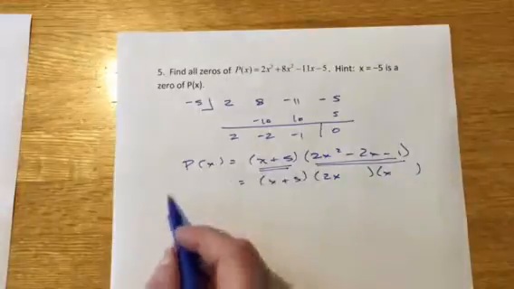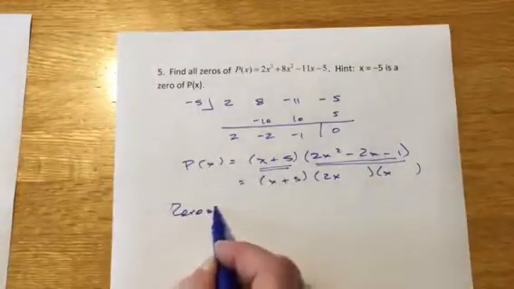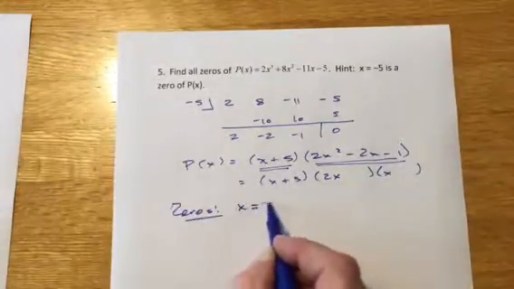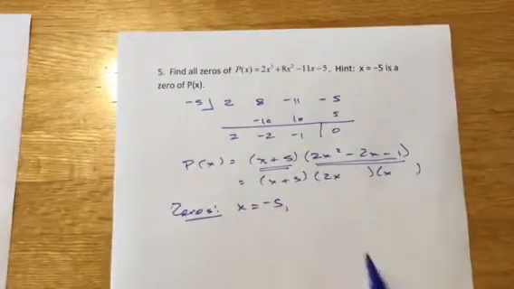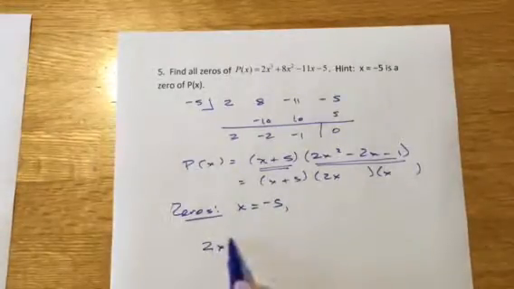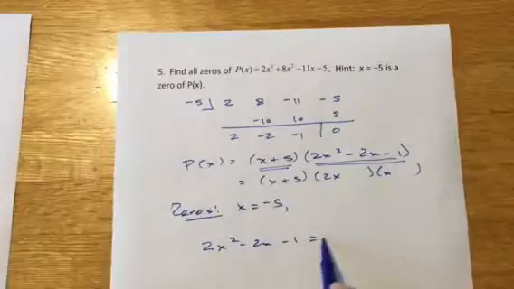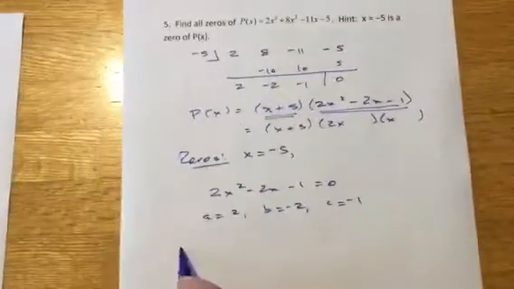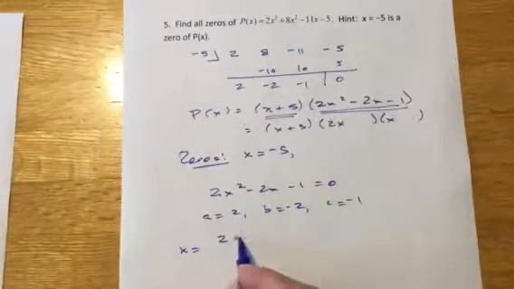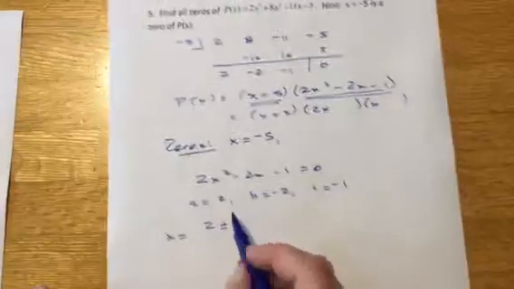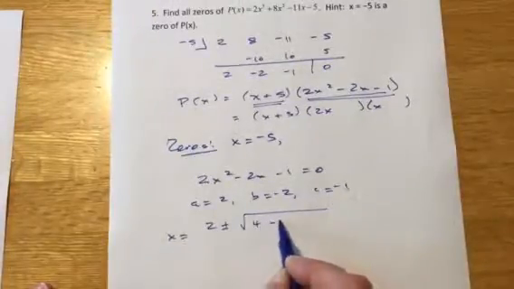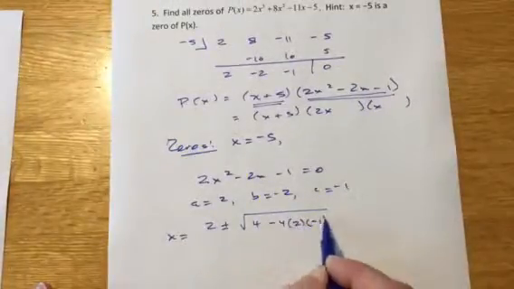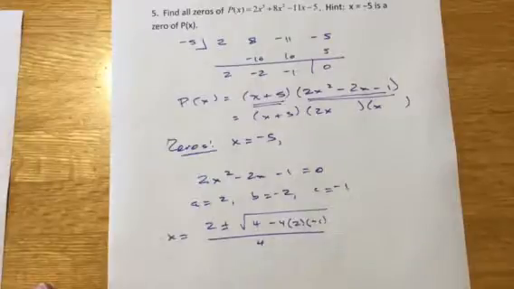And so again, when we're done here, we have the zeros from the first one. The quadratic formula should give us the zeros from the second piece. So again, a is 2, b is negative 2, c is negative 1. And so x equals the opposite of b, plus or minus the square root of b squared minus 4ac, all over 2a.